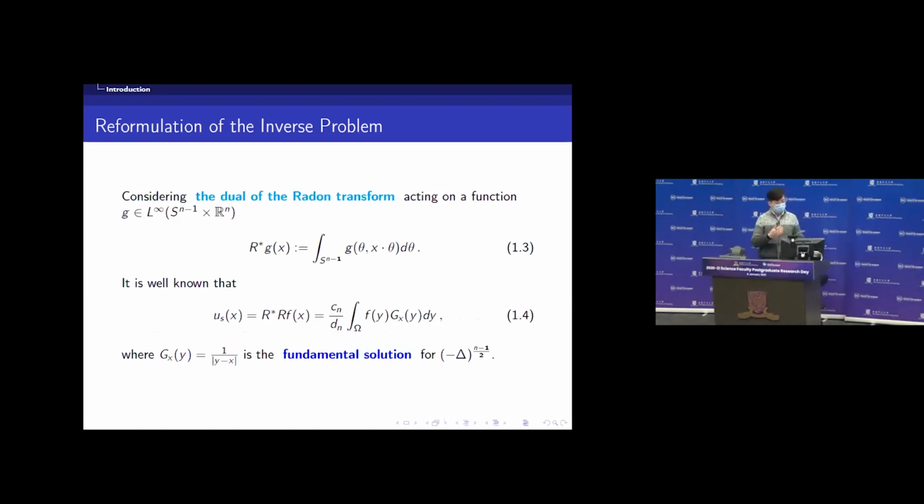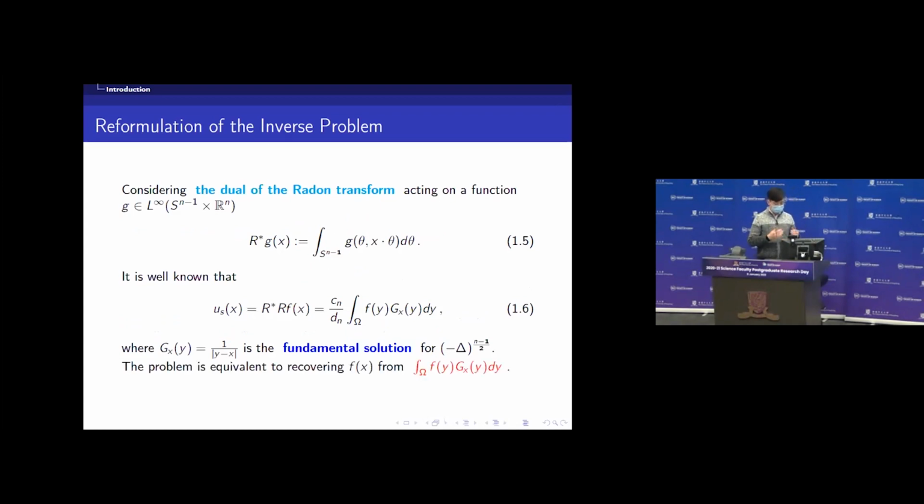Now we reformulate our inverse problem a little bit so that I can explain our motivation and idea easily. We can reformulate the original problem associated with the CT scan into equation 1.4. In this case, our reconstruction is equivalent to recovering the target function f from the integration between the target function f and a kernel function.